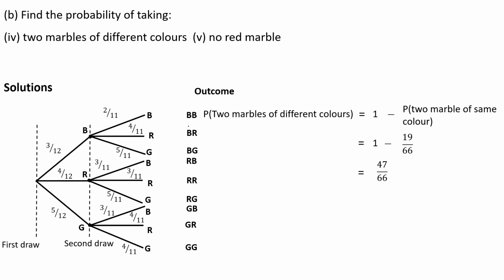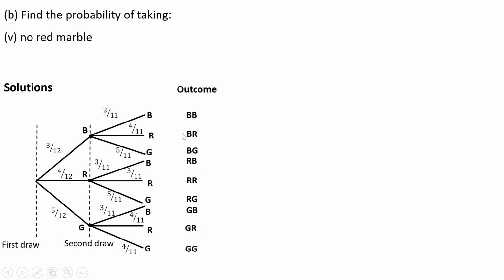You go with this one, this one, this one. You total those probabilities the way I'm doing it, you still get the same answer. So this one is the shortest one. So we move to the next one.